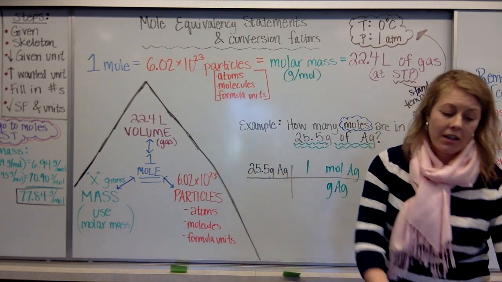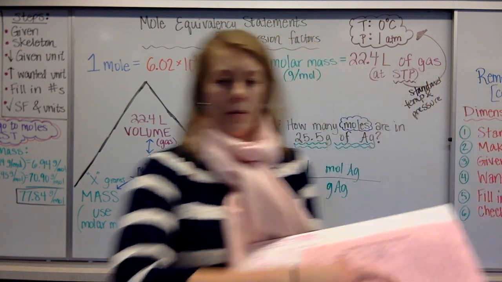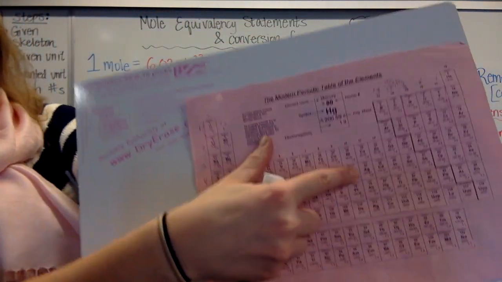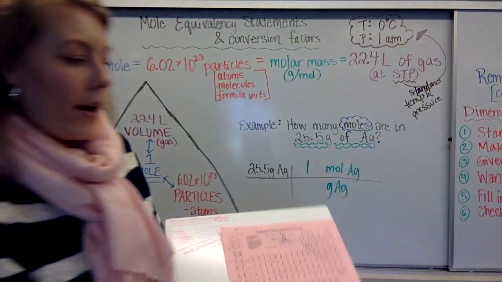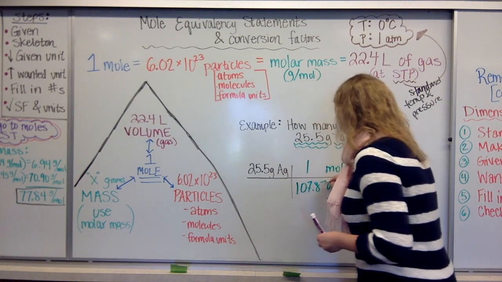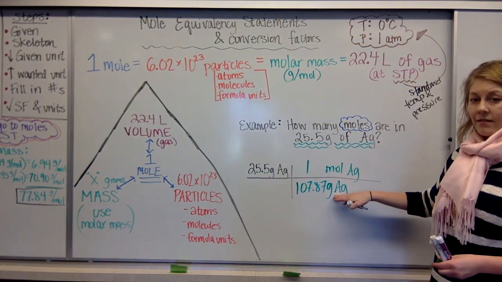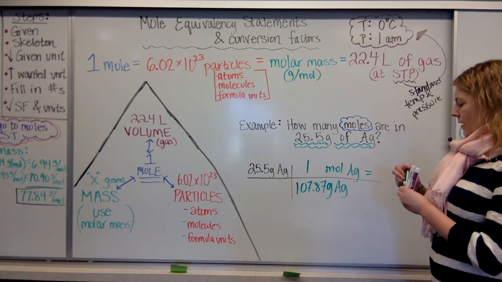So we're going to look at the periodic table and find silver, and we're going to see that the molar mass of silver is 107.87 grams per 1 mole.